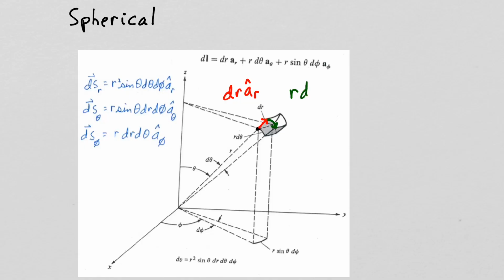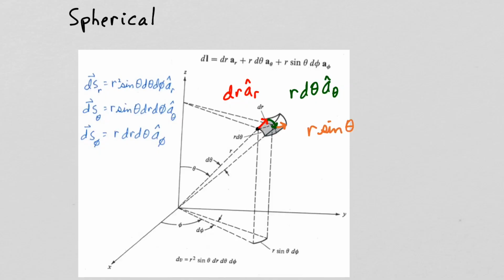The one that's difficult to visualize is what happens when you change phi by an amount d phi. So we will sweep out this arc length right here, and that length is r sine of theta d phi. So we can define this vector of length r sine of theta d phi in the phi direction.